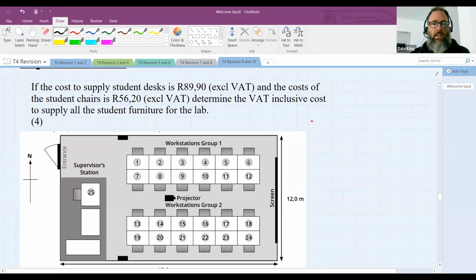Couple of minutes, let's see. Those are the prices for chairs and desks. Determine the VAT inclusive cost for all the student furniture for the lab.